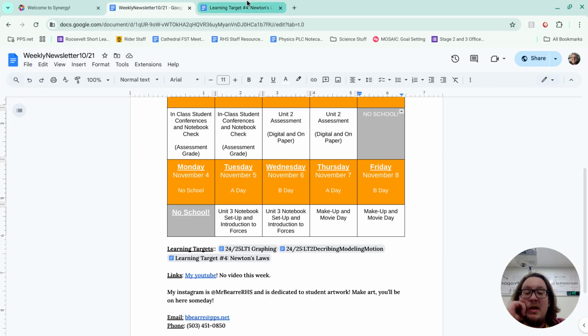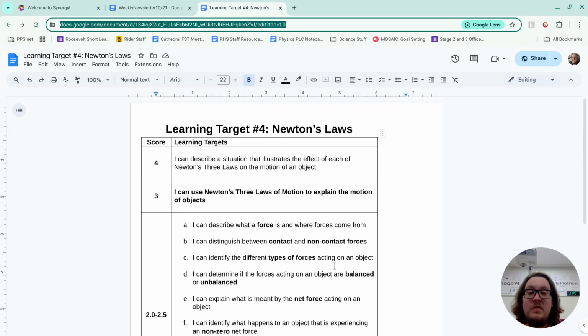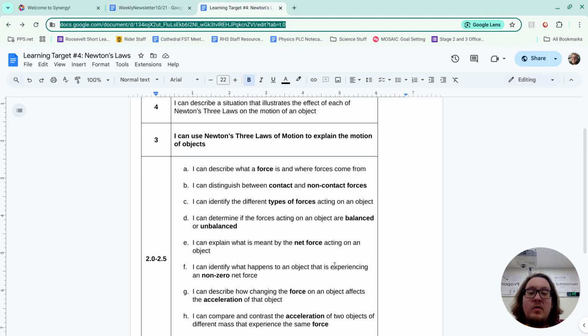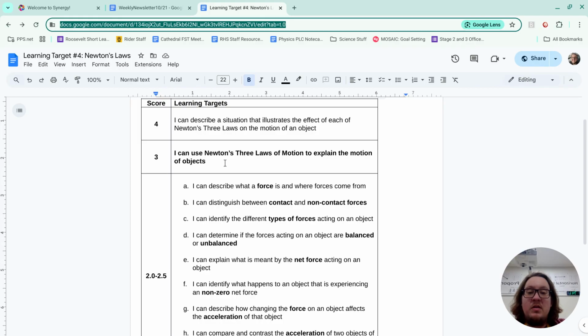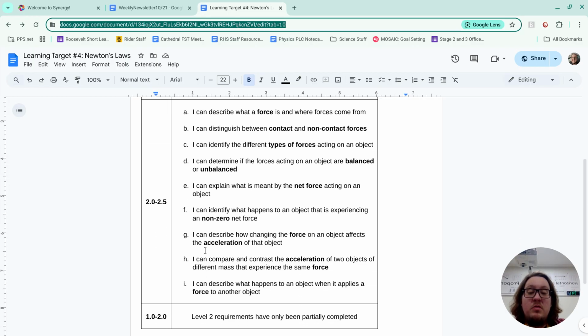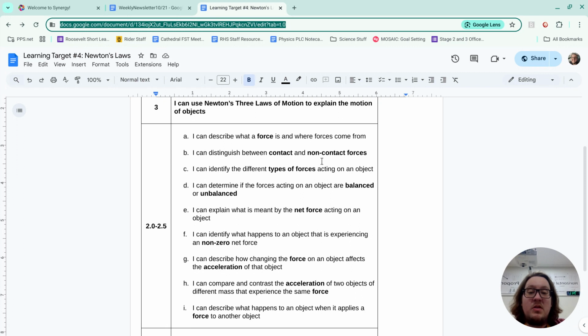So if you look at that document, here are your objectives. Really what I focus on for students is 3. That's gaining proficiency: using Newton's laws of motion to explain the motion of objects. But within that, the 2 to 2.5 is a bunch of different stuff: describing what a force is, distinguishing between contact and non-contact forces, like magnetism is a non-contact force, for example, or gravity.